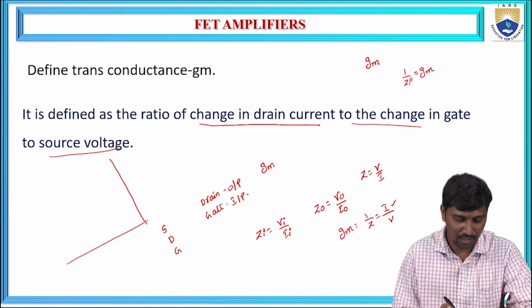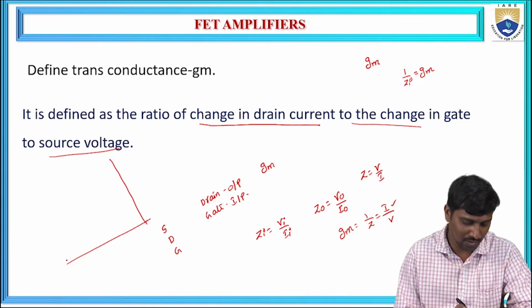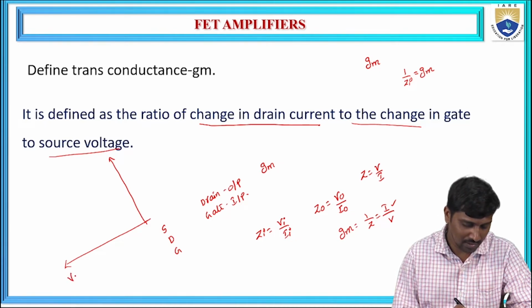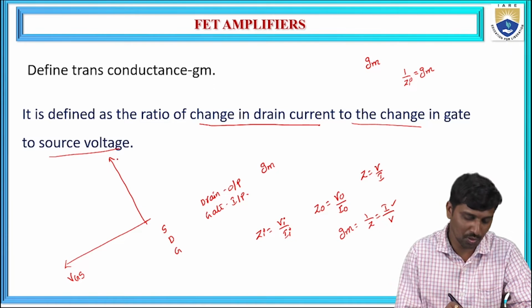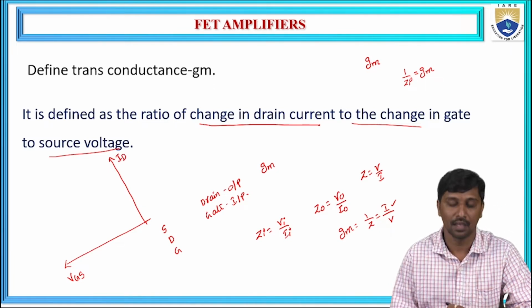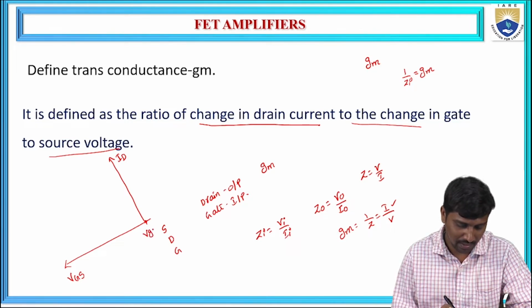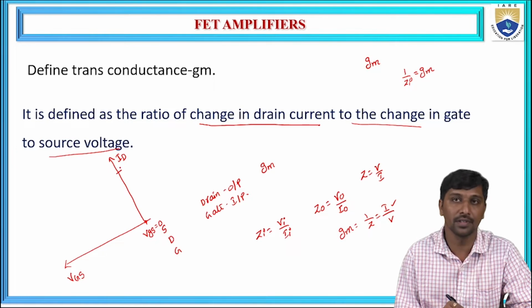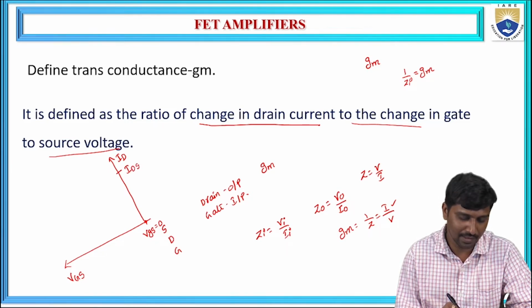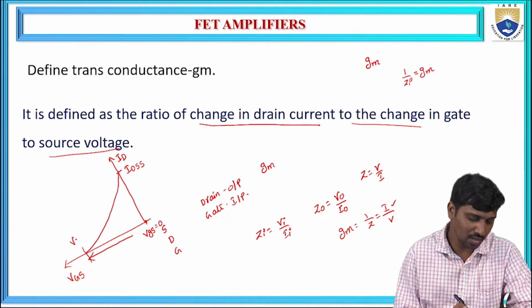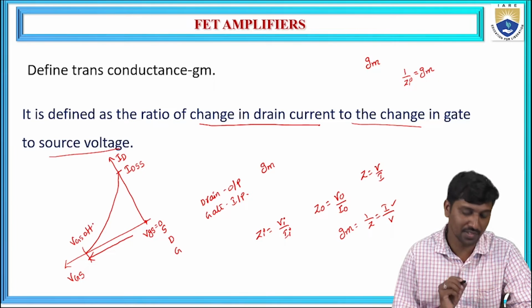In a field effect transistor, the transfer characteristics are drawn between gate to source voltage and drain current. If you observe the transfer characteristics, when VGS is 0, it offers the maximum drain current, represented as IDSS. Whenever VGS is decreased from 0, the drain current also decreases towards a minimum, and at this point we have the VGS off state.